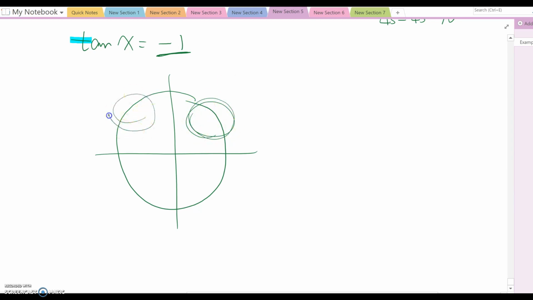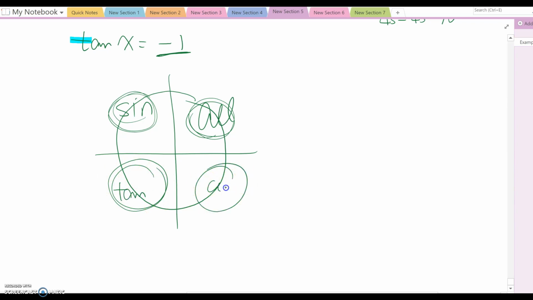Here sine is positive. Here only tangent is positive. Here cosine is positive. Because tangent must be negative 1, these two ranges don't make sense. So the answer will be from here and here, right? Then we can generate this angle and this angle.